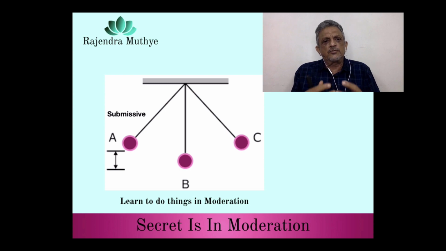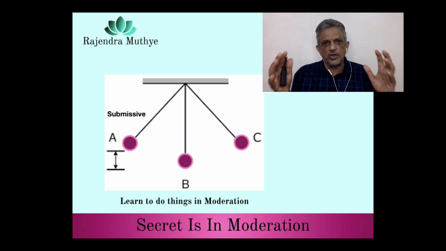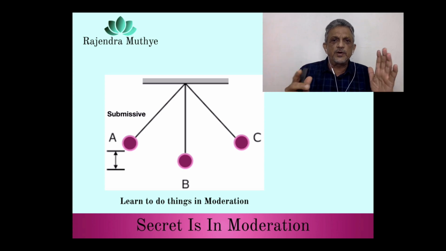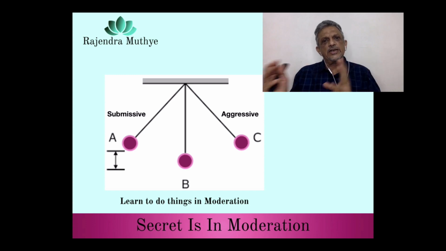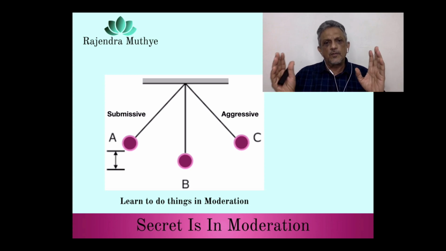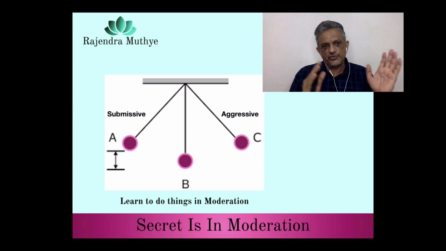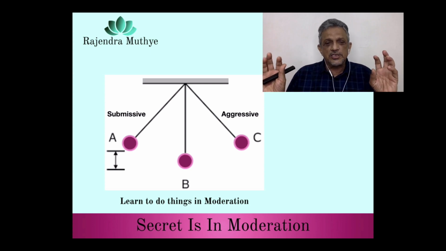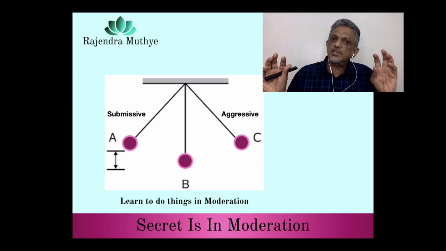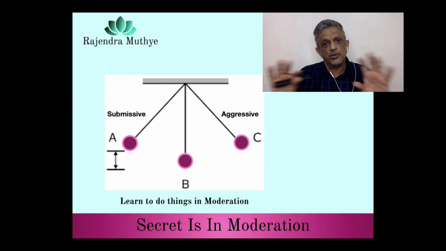Once the pressure becomes so high that the pressure cooker is going to burst, and it bursts, the submissive person moves from point A directly and becomes a very, very aggressive person. I'm sure you have experienced this. The reverse is not all that true, but submissive to aggressive, yes. Have you all noticed, friends, that both submission and aggression don't work?